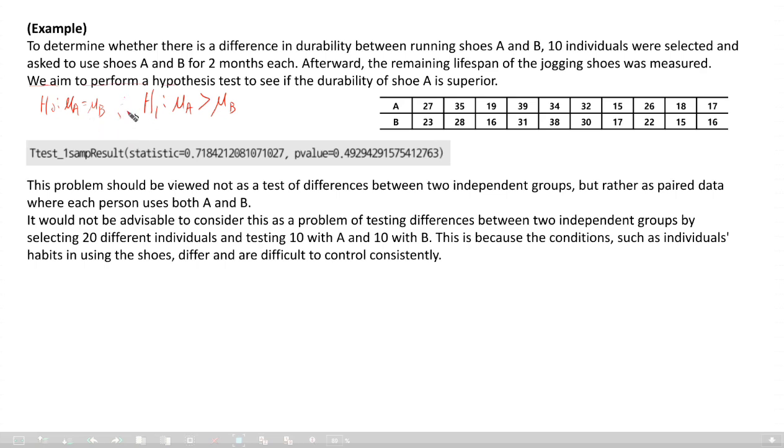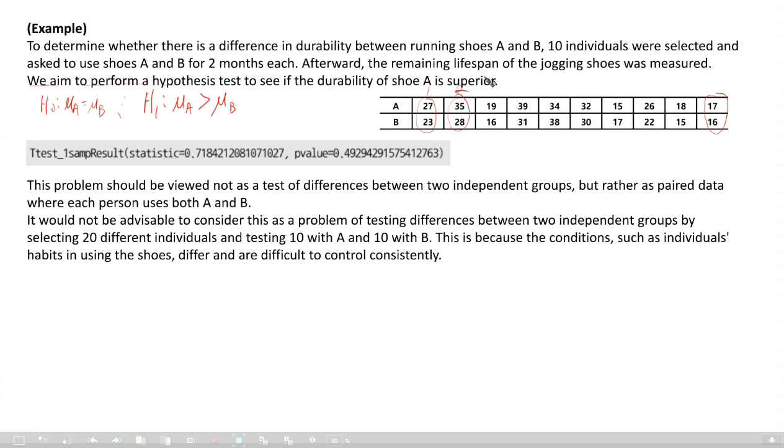So it is a one-tailed test. Then we get real sample values for person 1: 27, 23, 35, 28, up to 17, 16. So it is a paired data problem.